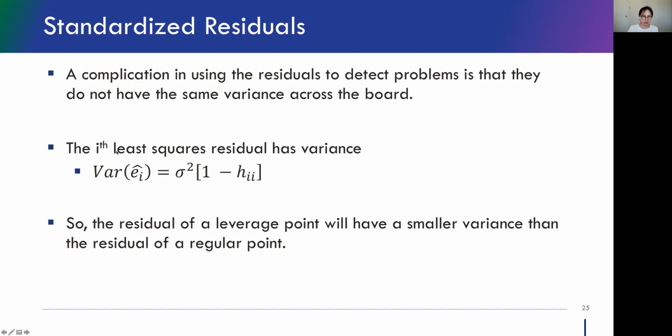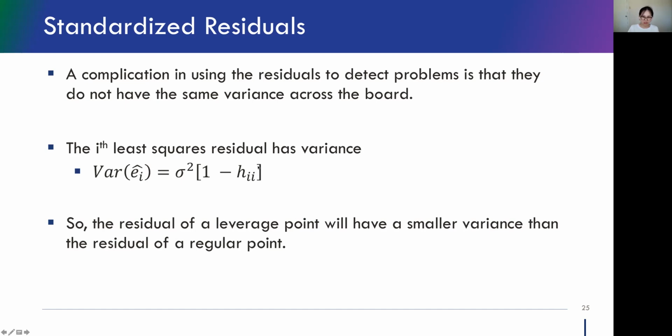Here it shows the ith least squares residual. It has the variance being sigma squared times 1 minus h_ii. What is this h_ii? This is the leverage of the ith data point. That means the residual of a high leverage point will have a smaller variance than others.